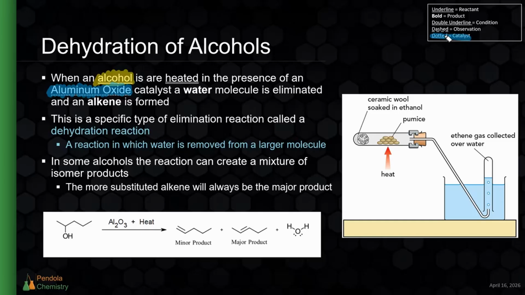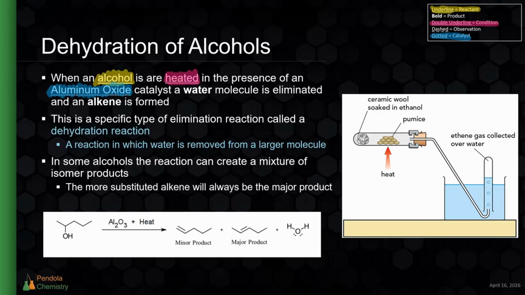So aluminum oxide is going to be our catalyst. Alcohols are going to be our reactant and our only reactant. And in order for this reaction to happen, it needs to be heated in the presence of that catalyst. So the alcohol is going to have to undergo the specific conditions of being heated.